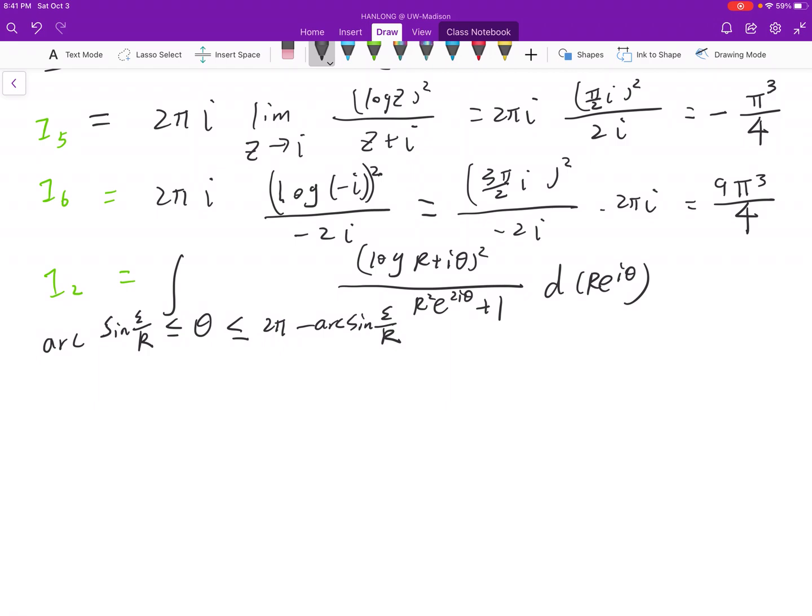Okay, and here let's simplify a little bit. The region for theta is given by this. Probably I should say, let's estimate the magnitude of I2.